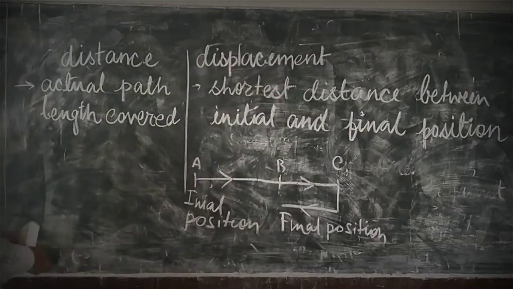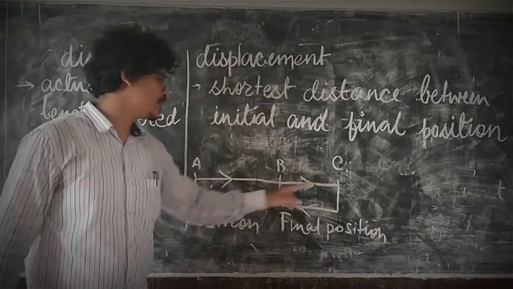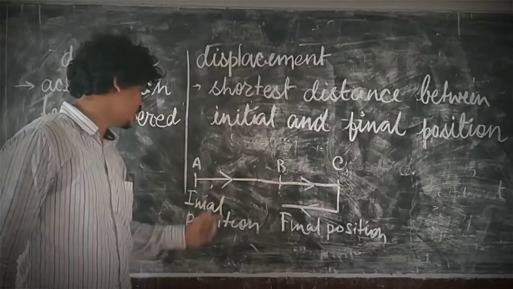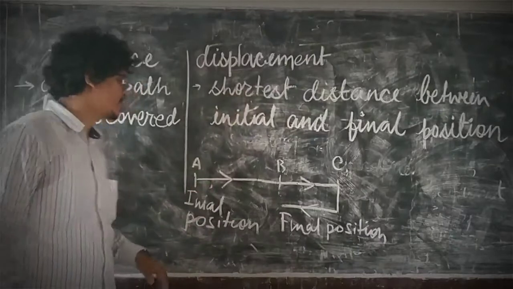So the path length from A to B to C to B is our distance, and the length of A to B is our displacement.